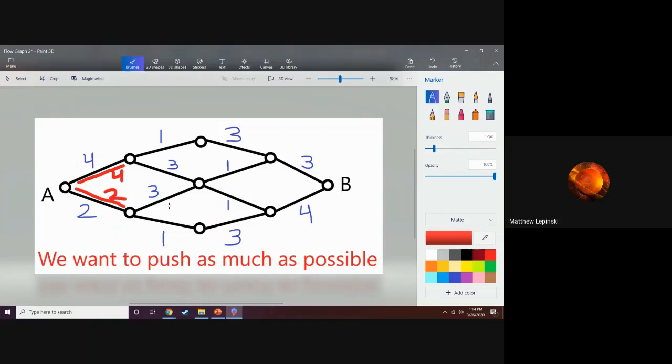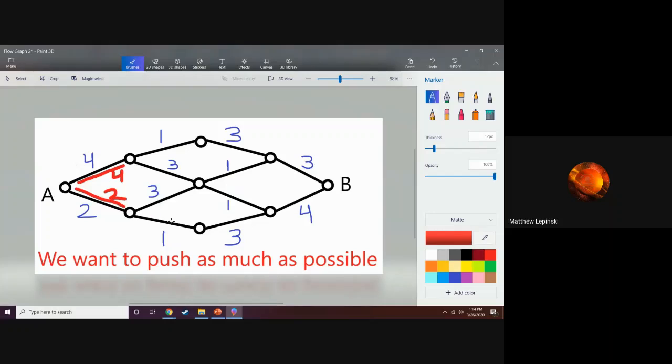So then the difficult choice that I need to make is, should I flow both of those 2 units up, or should I flow down? Should I split here, or do I not want to split here? Because I've only got a limited amount of flow coming in to work with.